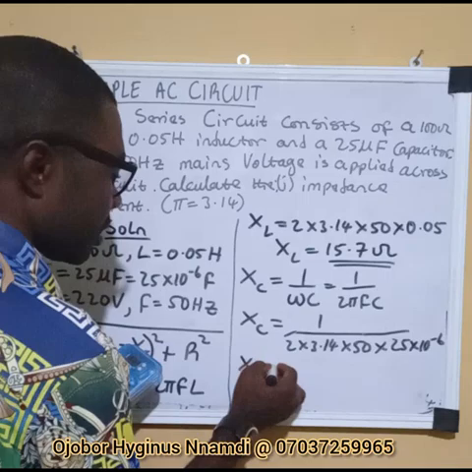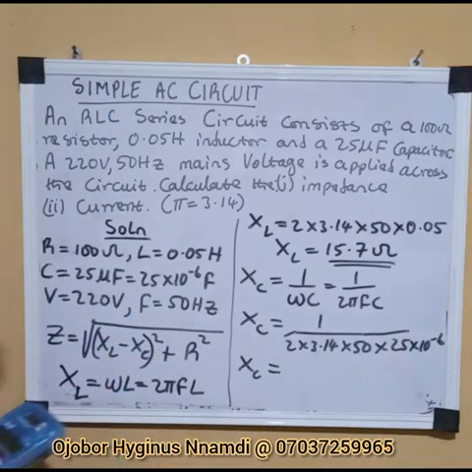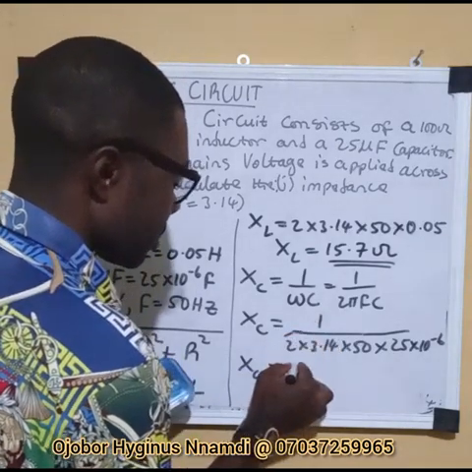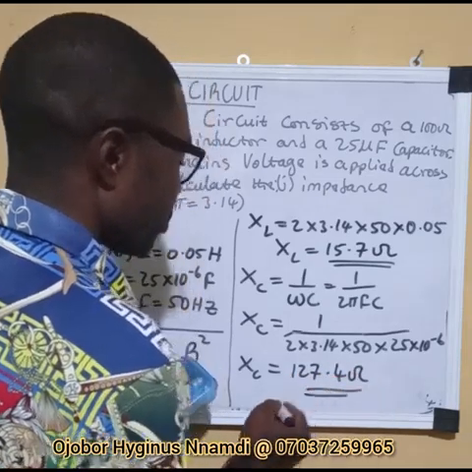So XC is equal to what? If we properly compute this, we'll get 127.4 ohms.